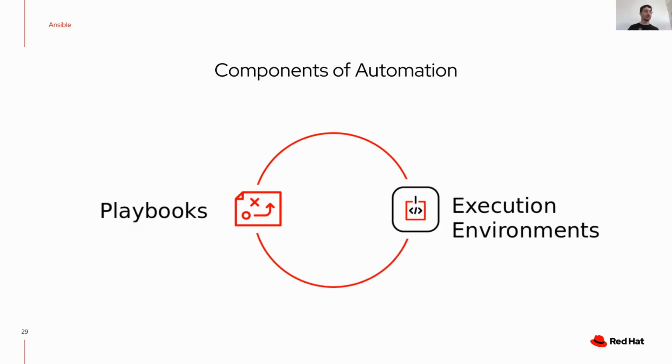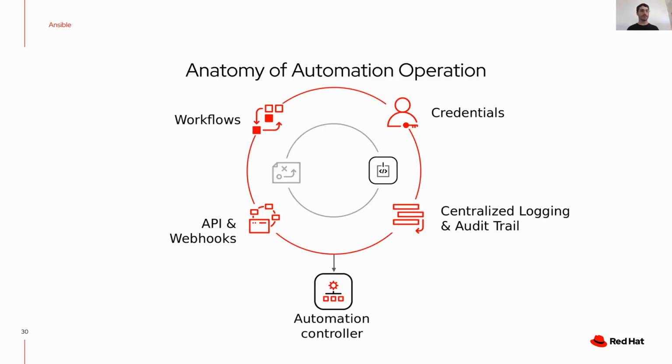Now, those are not enough to give that enterprise automation that we have discussed since the beginning. So what you need is many more things. The way that we have packaged them is into what we call Ansible Automation Controller, which is part of AAP, but also the open source version is AWX.